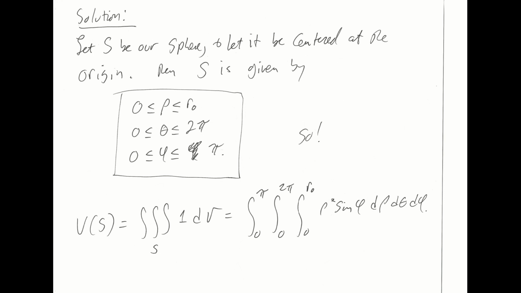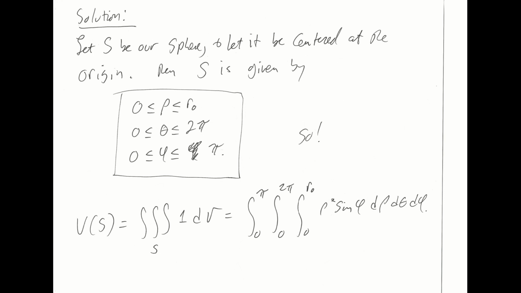So a sphere of radius r0 centered at the origin is going to be given in spherical coordinates by 0 less than or equal to rho less than or equal to r0. Really, that's all you would have to say if you wanted to characterize the region, but we'll go ahead and give the bounds for theta and phi so that we have them on hand and can plug them in as our limits of integration for the respective integrals.